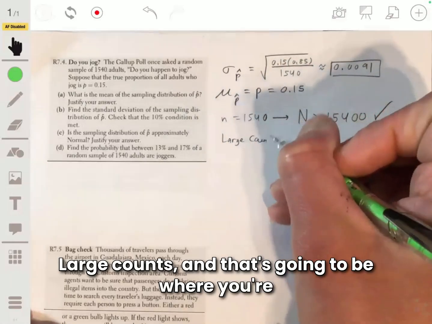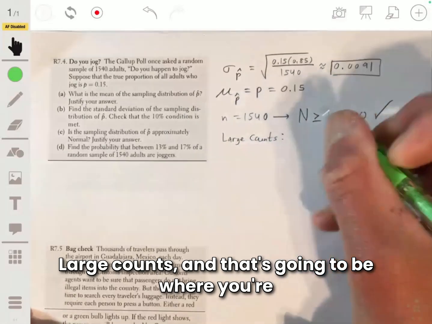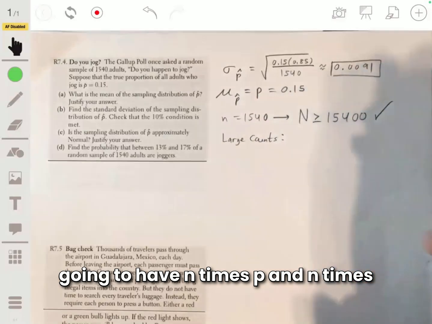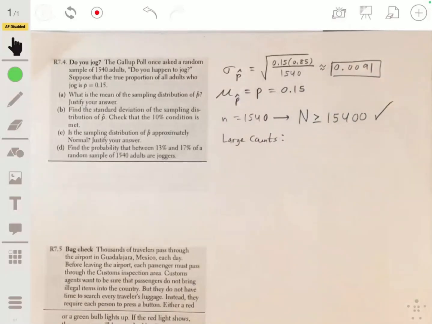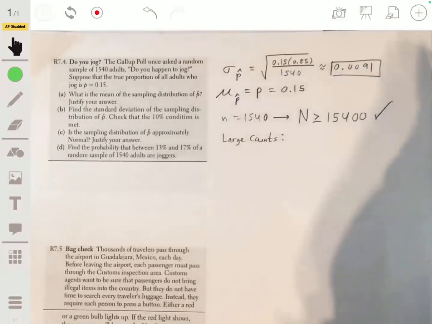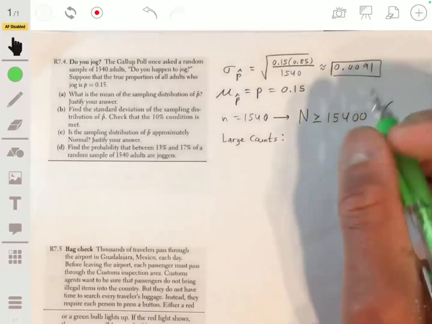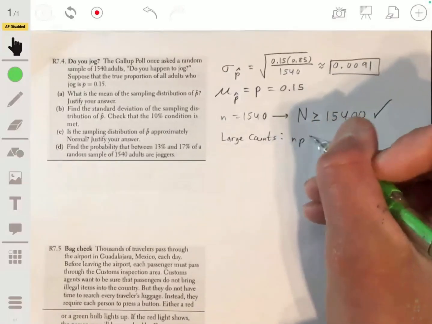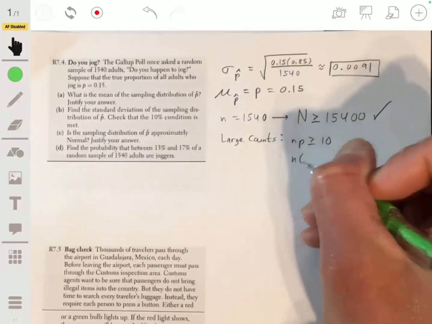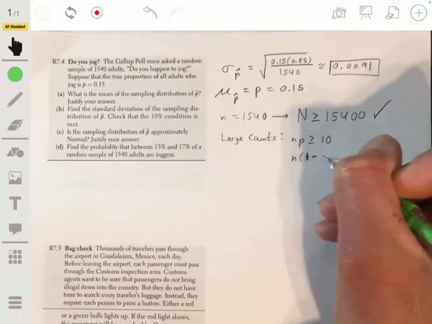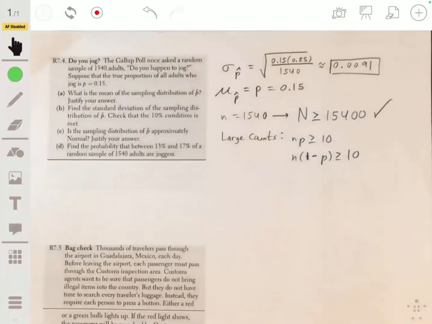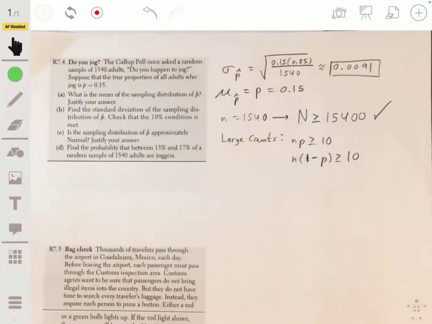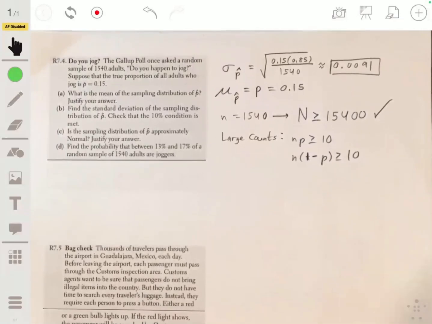That's where n times p and n times 1 minus p have to both be at least 10.